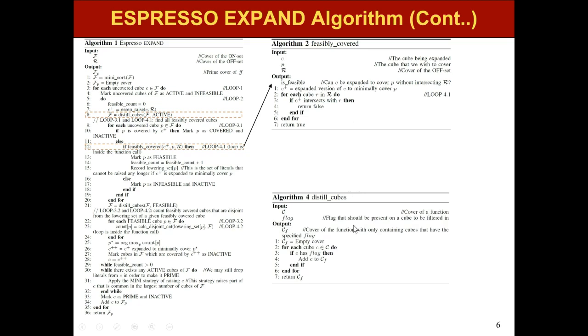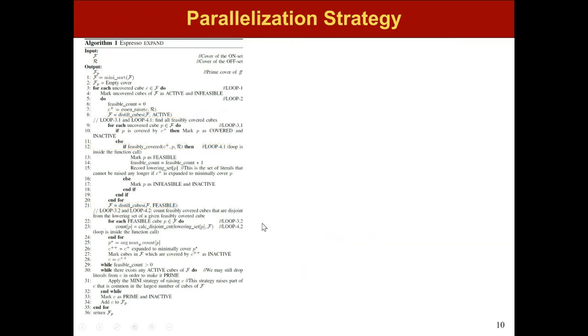Another salient feature is that the cubes are assigned flags and the set of cubes are distilled whenever possible so that we only do the computations on the cubes which are relevant for that computation. For instance, we only iterate on active cubes in loop 3.1 and on feasible cubes in loop 3.2.